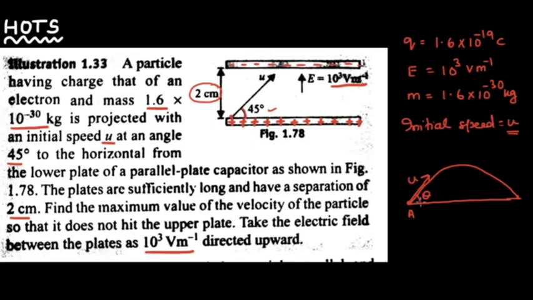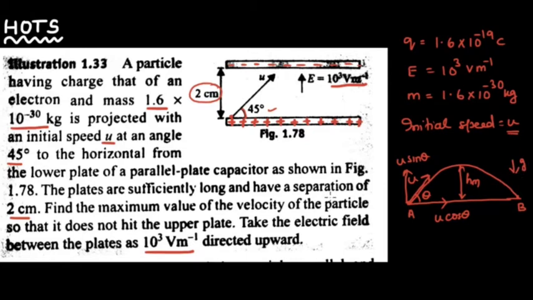From point A you have projected the body, and at the point B it will hit the ground, and this is known as the maximum height, hm. The component of velocity along the horizontal direction is u cos theta, and along the vertical direction is u sin theta, and we know that in this case the gravity is also downward, g is downward.